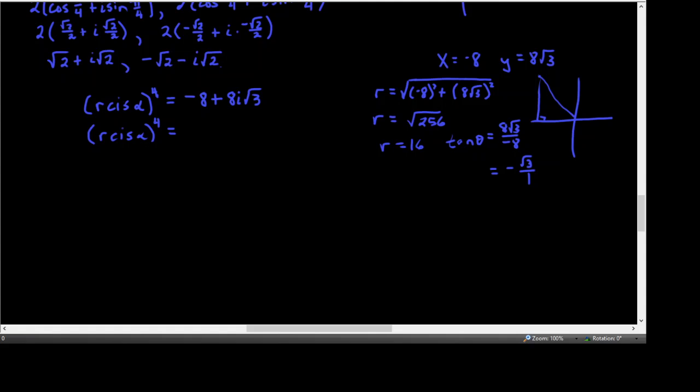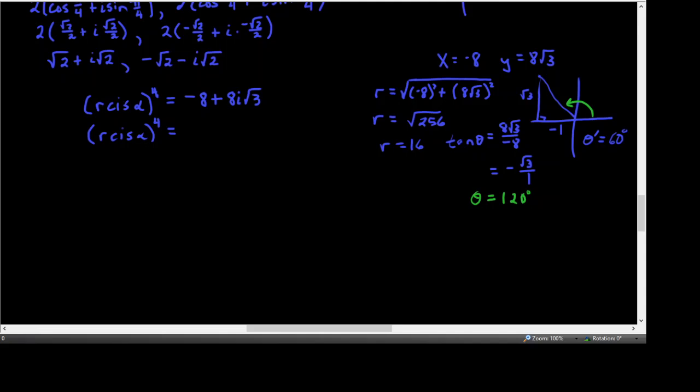The x is the part that's going to be our negative 1 because of the quadrant we're in, and y is going to be the square root of 3. And of course, our reference angle there is 60 degrees. And so that means that our angle here is 120 degrees.